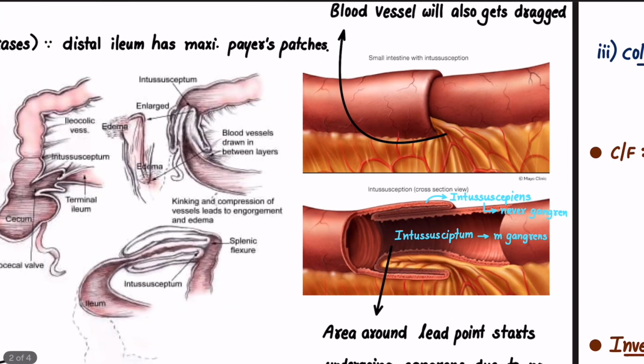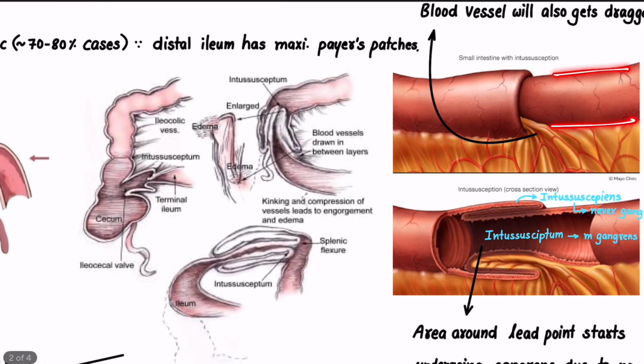The other interesting part is, since this was the intestine, for example, this is the proximal part, this is the distal part. The whole intestine is supplied by blood vessels, but the part of the intestine which has gotten invaginated will also drag the blood vessels inside along with it, and this will lead to compression of these blood vessels somewhere here.